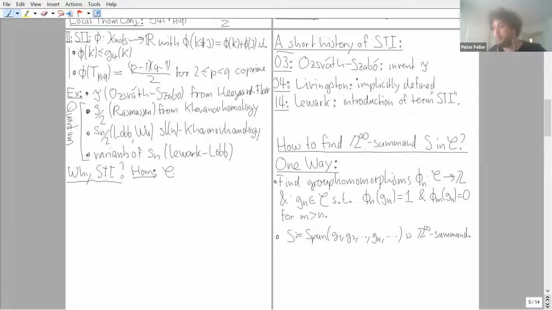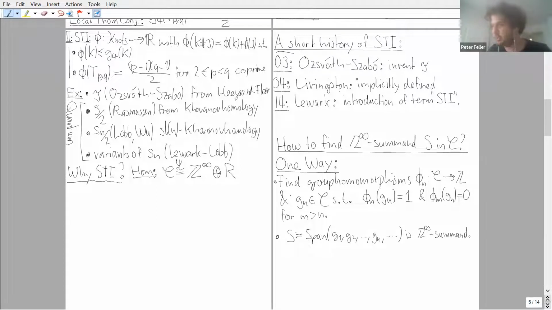And she proved that this huge, actually abelian group, has a Z-infinity summand. So it's isomorphic to this. And this per se is not yet that interesting because let's say there's some group homomorphism to a group of this form. But what is interesting, I told you earlier, we really care about the smooth concordance group in connection with what happens with the topological concordance group.